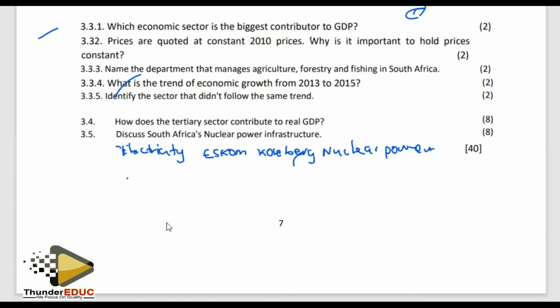Discuss South Africa's power infrastructure. Okay, you have to understand that currently South Africa's electricity is provided via Eskom at its power stations at Koeberg nuclear power station just outside Cape Town.